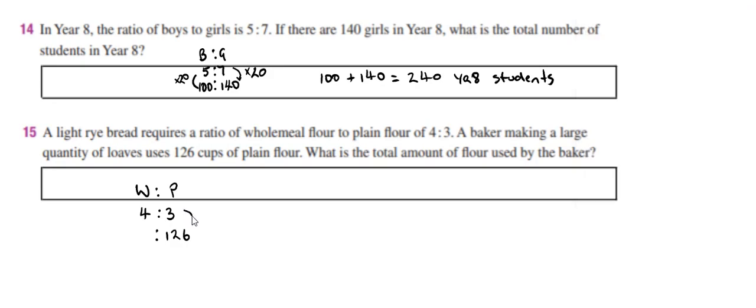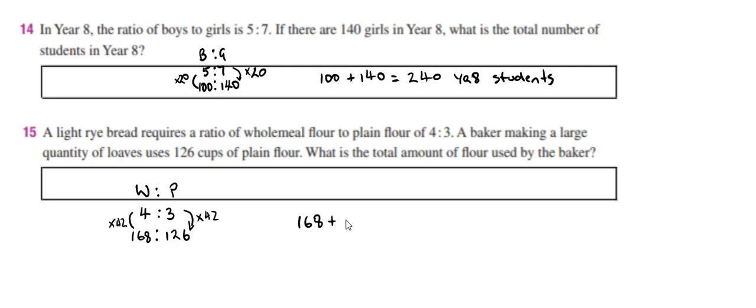So we're timesing 3 by 42 to get to 126. So I'm going to times 4 by 42 to get to 168. So our wholemeal flour is 168 cups.